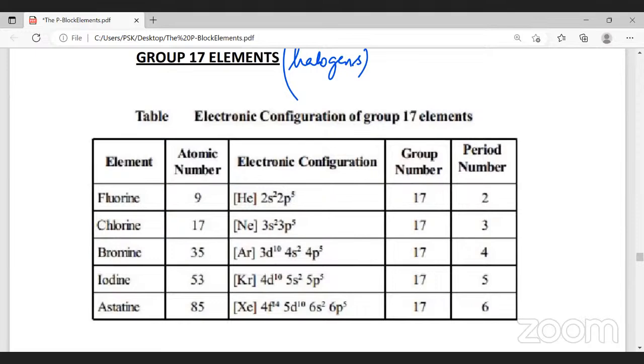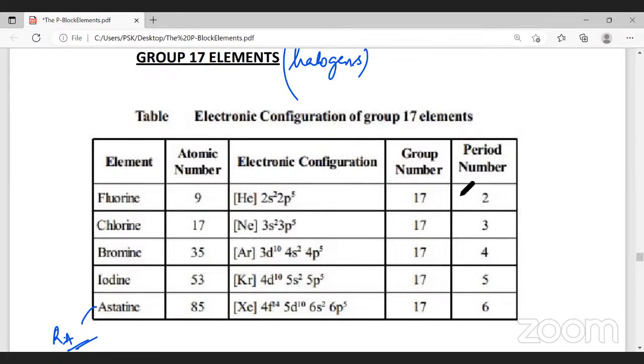This astatine is a radioactive halogen, and it's found in very trace quantity, so we don't talk about astatine in general. So fluorine, chlorine, bromine, and iodine are the elements present in group 17. They are called halogens.